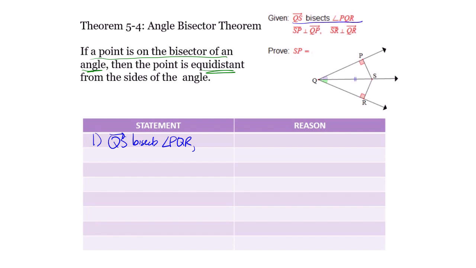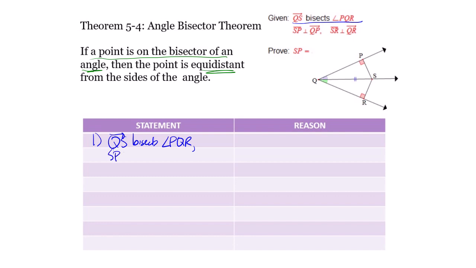The point is on a bisector. The second part is not really part of the hypothesis, but we're trying to find the distance between S and those other two lines, and so we need the perpendicular, right, in order to find the distance. So we're saying, hey, this is a perpendicular line here, so that's the distance away from S to QR and S to QP.